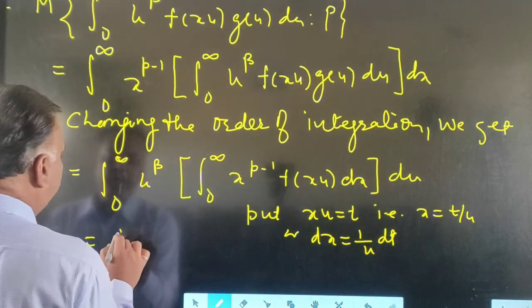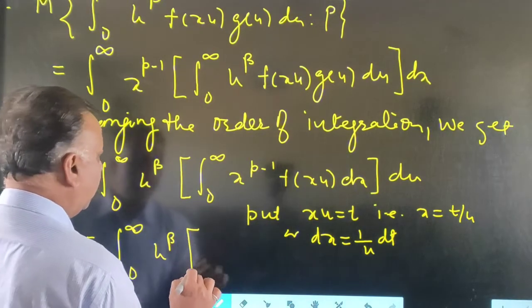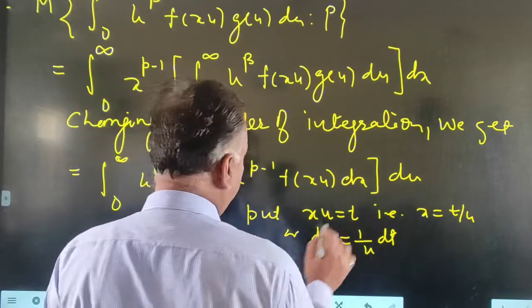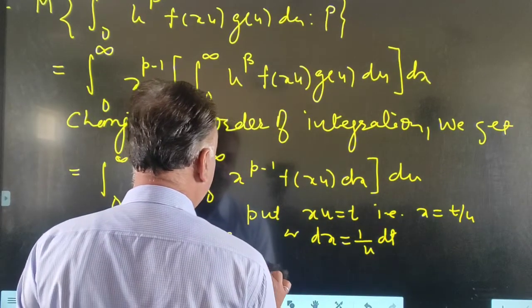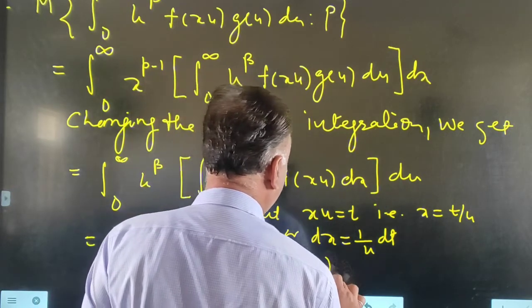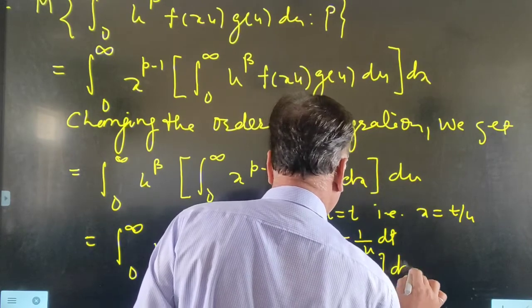If we put these substitutions in the given integral, then we get integral 0 to infinity u raised to beta into integral 0 to infinity x, that is t upon u, so t upon u raised to p minus 1 f of t into dt upon u, and then with respect to u.